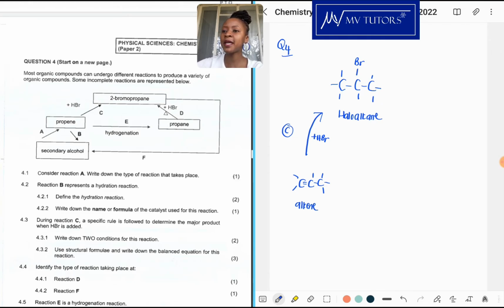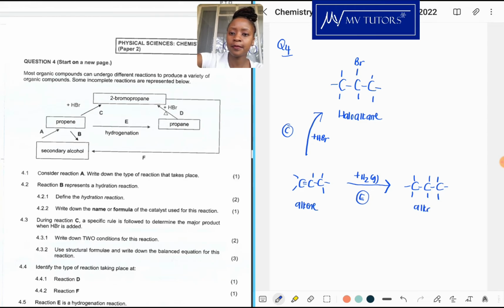And then from propene, we go to propane. So hydrogenation. If the process is called hydrogenation, then we are adding hydrogen gas. So hydrogenation, that would be E. And then we have propane, 1, 2, 3. So that's just an alkane.